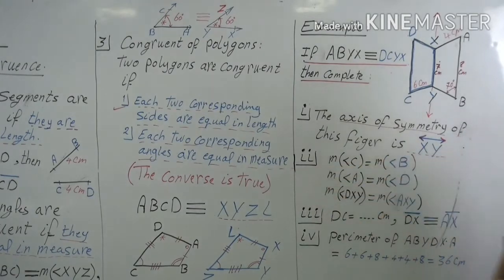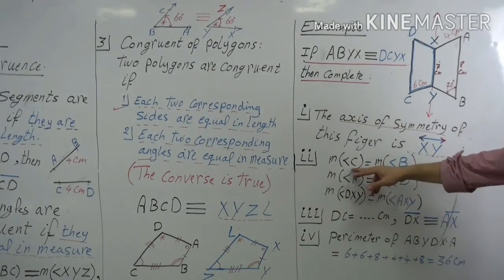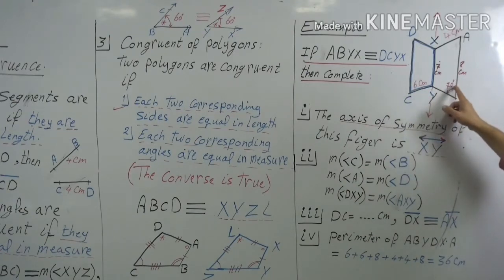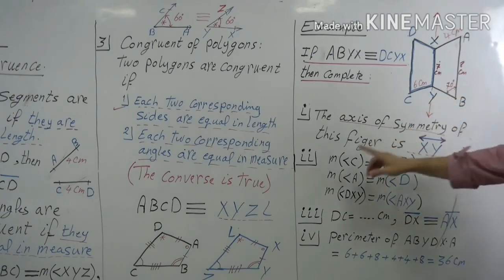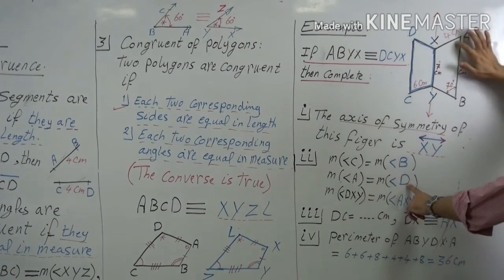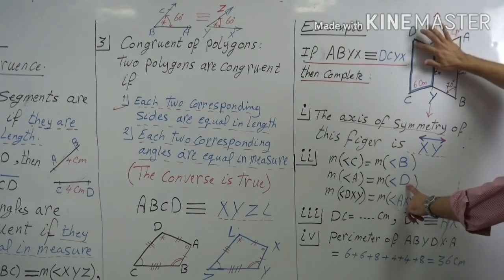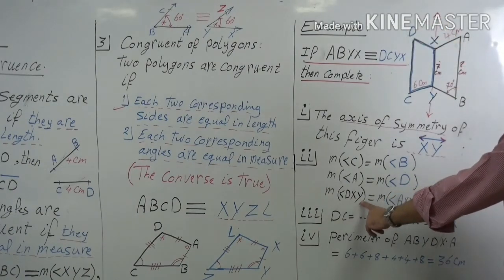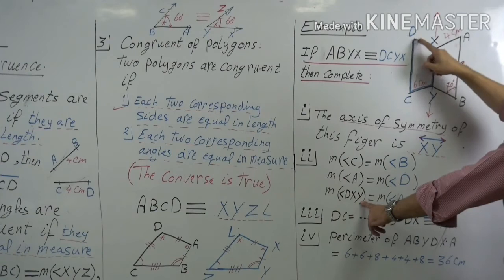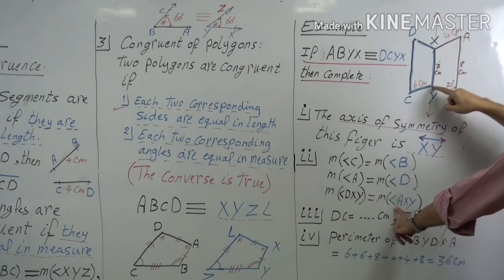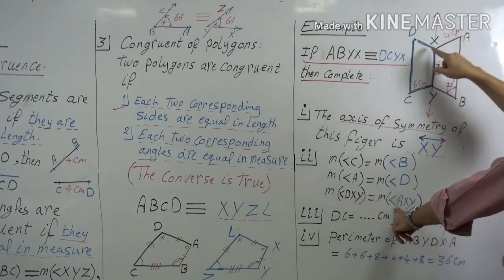Number 2. Measure of angle C equals measure of angle B. Measure of angle A equals measure of angle D. Also measure of angle DXY, this angle, equals measure of angle AXY, this angle.